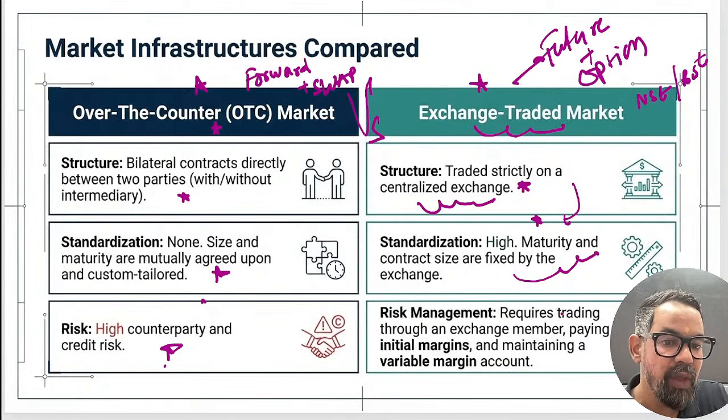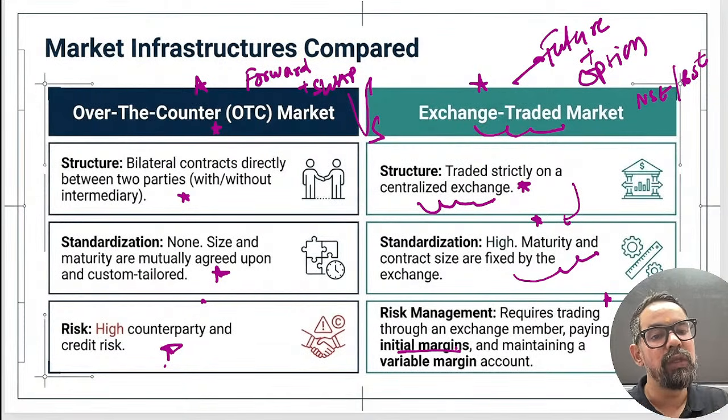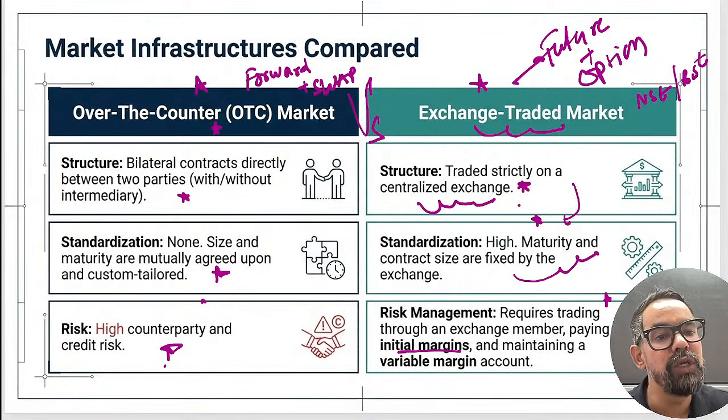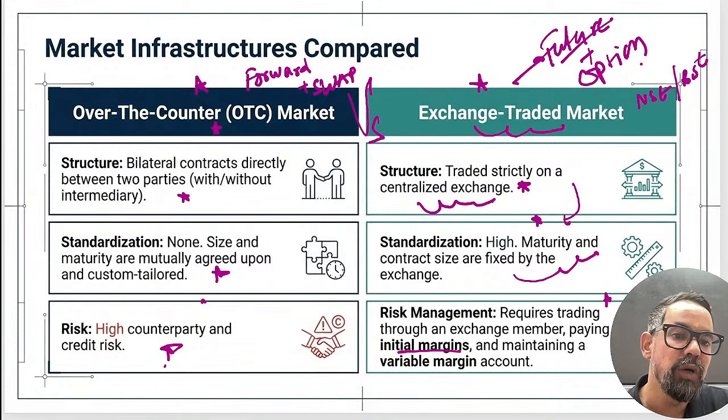Risk management is required: when you enter into a future contract or options, you have to pay an initial amount, called margin in futures and premium in options. You have to pay it upfront and maintain it on a day to day basis, that is, mark to market basis.